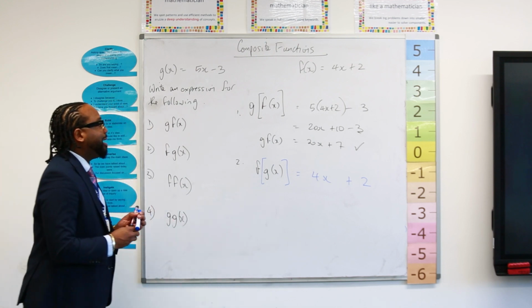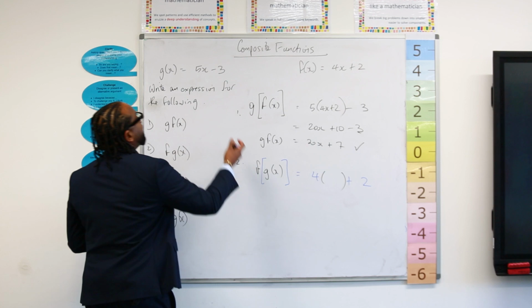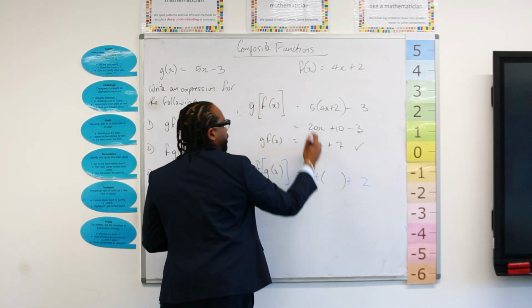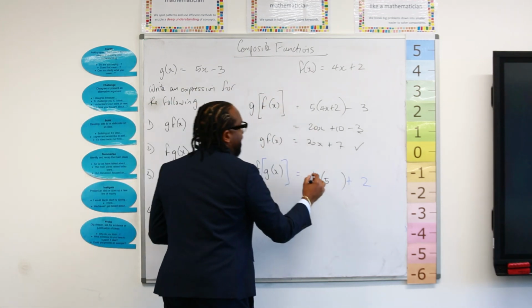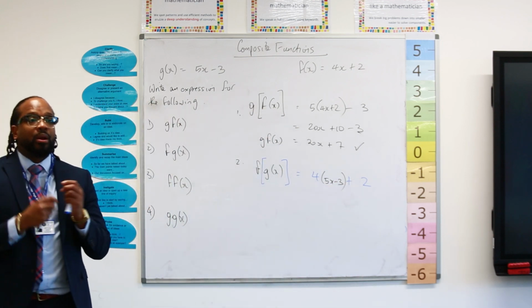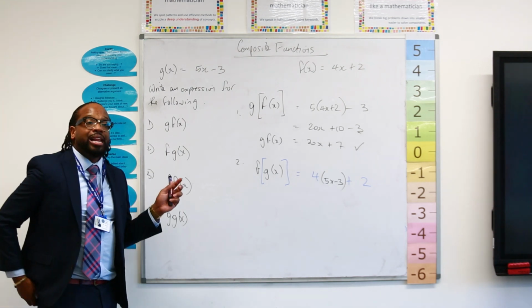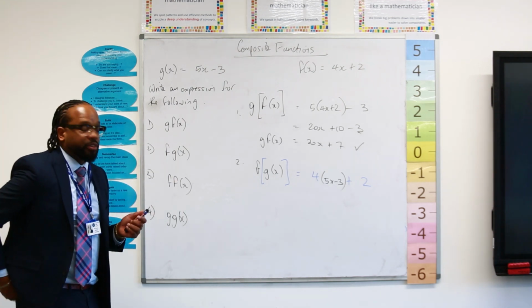I am going to replace this x, and in place of x, I'm going to put the entire g function, which is 5x minus 3. So that is called a composite function. That is how you find an algebraic expression for composite functions.